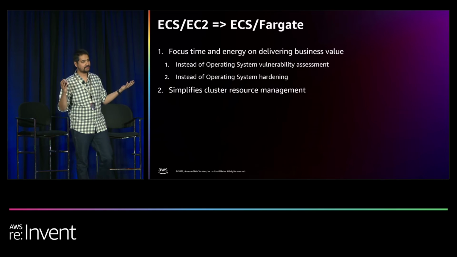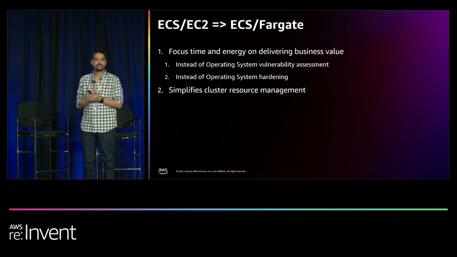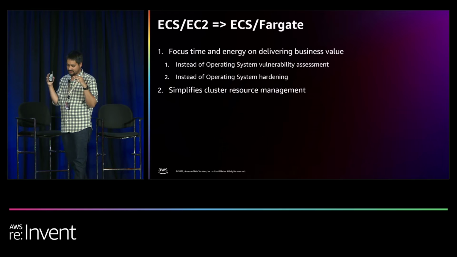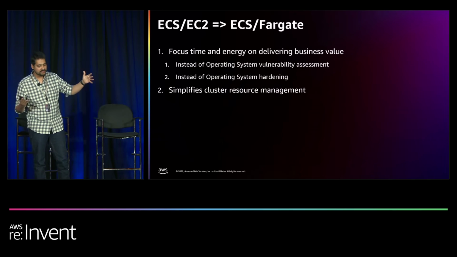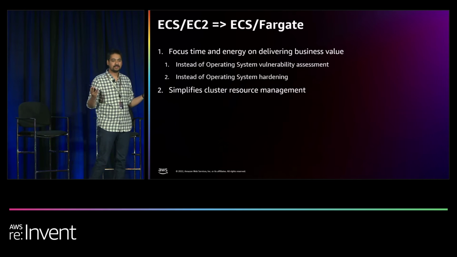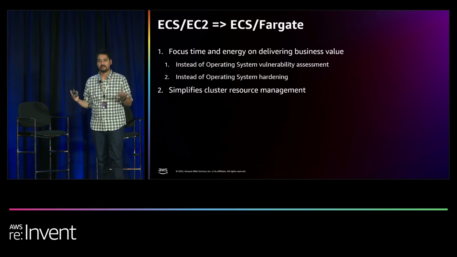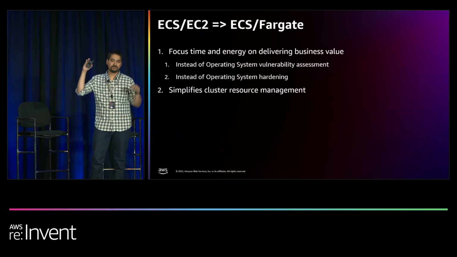The other thing is, ECS is great on EC2, but you have to manage these resources inside of the cluster, resources in the form of EC2 instances, things where your containers run. But the resource is decoupled from the containers.